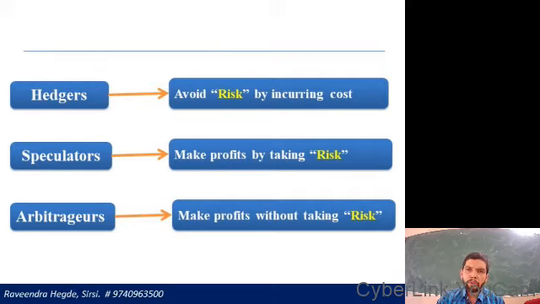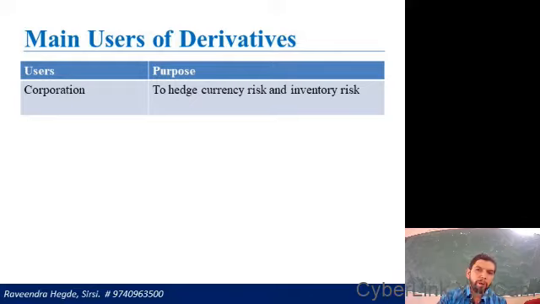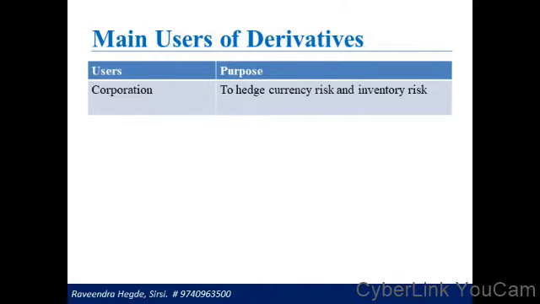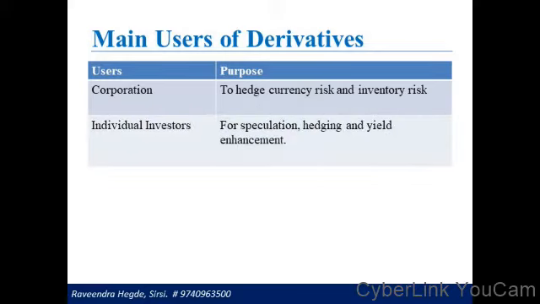Friends, now let us talk about main users of derivatives. The first user is the corporation. The purpose is to hedge currency risk and inventory risk. Second user are the individual investors.